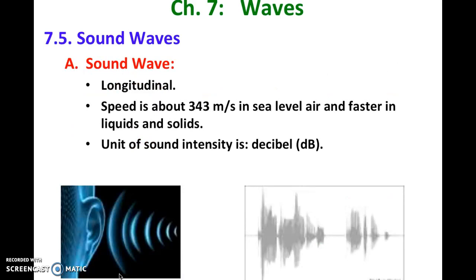Sound waves are longitudinal waves with a speed of 343 meters per second in sea level air, and can be faster in liquids and solids. Decibel or dB is the unit of the sound intensity.